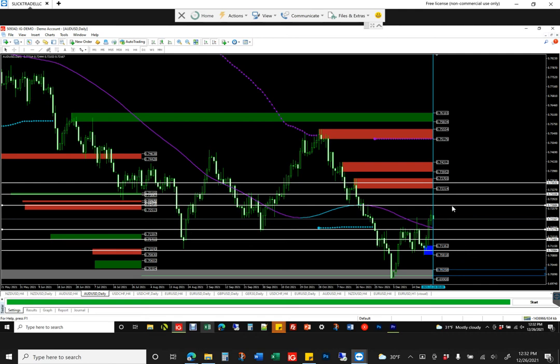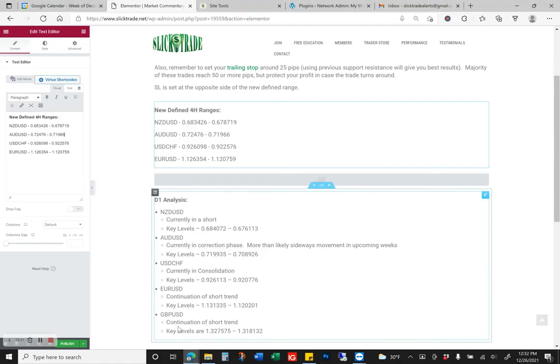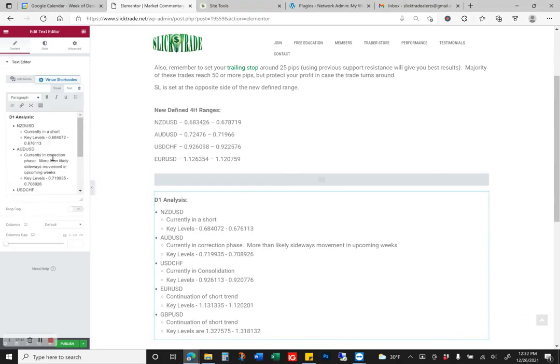So depending which way price goes will depend on which way we go. That's the 92 pip range. That's beautiful. Okay. Here's our upper key level here. Like I said last week, currently in that correction phase, more than likely sideways movement in upcoming weeks.